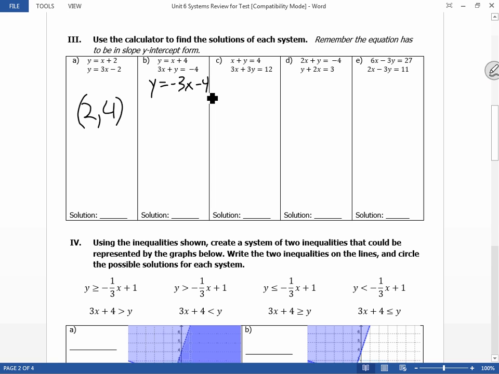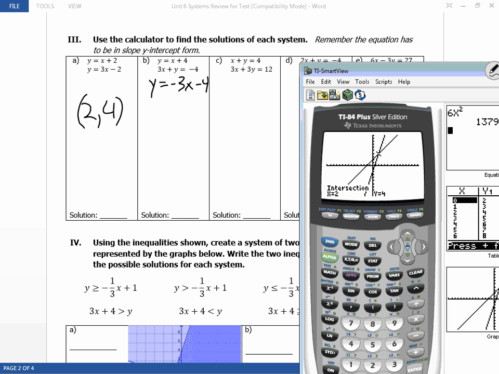And so let's go through the process again on the calculator. So bring the calculator up. And we put the two equations in.